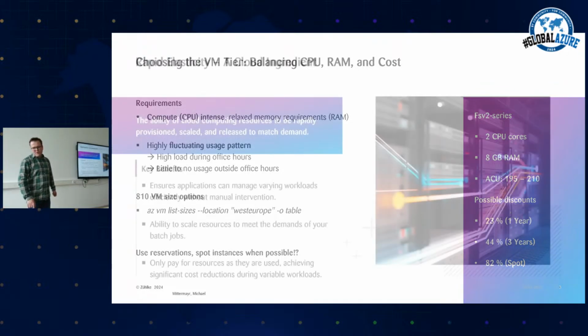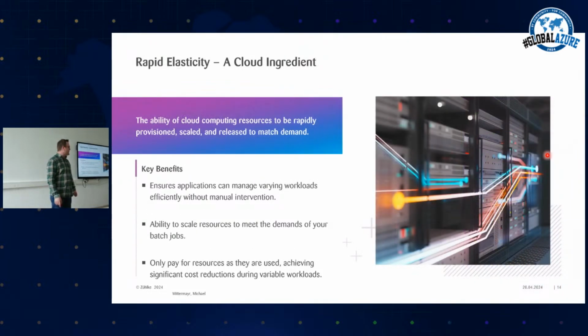Which brings me to one of the very first theory slides, I would say: rapid elasticity. You might have heard that term before. It is basically a cloud key ingredient. This is one of the things that really differentiates your cloud environment from your on-prem data center: the fact that you can easily adapt your compute resources to the needs of your application at any point in time, which is crucial in order to save money.